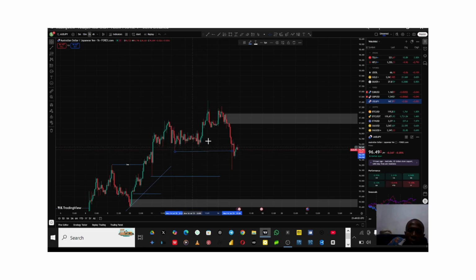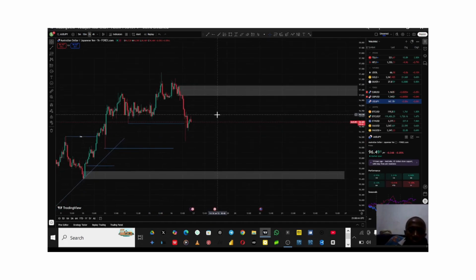Because the market was going uptrend before, then broke this previous low, and it broke this with a wick, not a body. But I took it as my order block, somewhere here. So that's how to spot a valid order block.